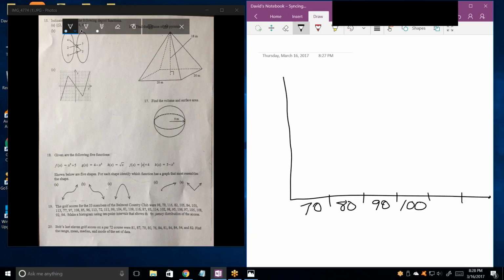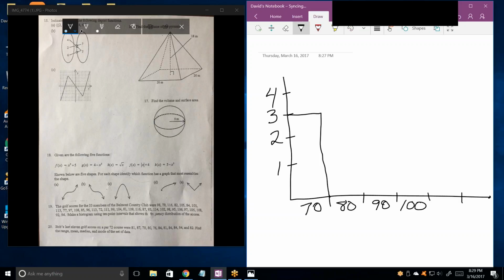So how tall is the histogram going to be for the scores in the 70s? Count them up. We got 1, 2, 3. So it's going to be 3 high. And that's how you do histograms.